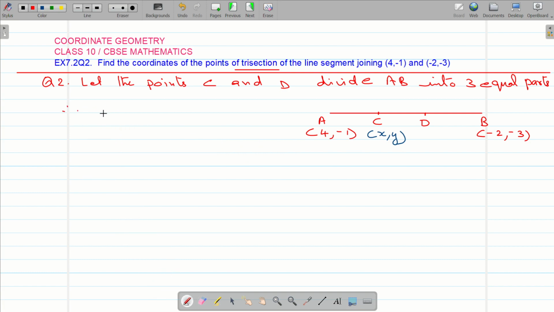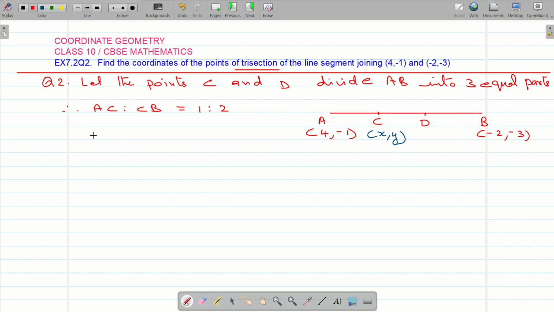Therefore, AC is to CB is equal to 1 is to 2.